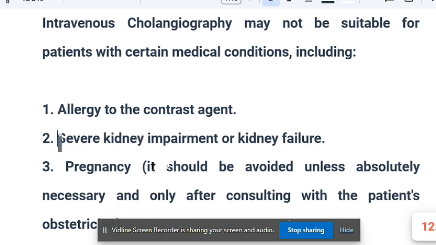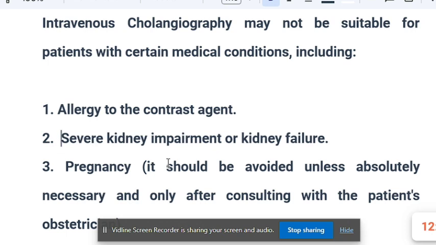After all, we have to inject the contrast agent via vein. And if a patient is having kidney impairment, like increase in creatinine level, that is metabolic waste of the muscle, in such condition also this examination is not allowed, because this may cause more problem to the kidney.